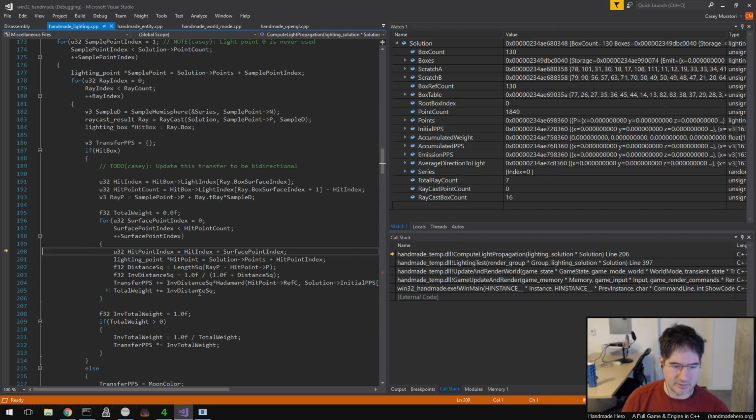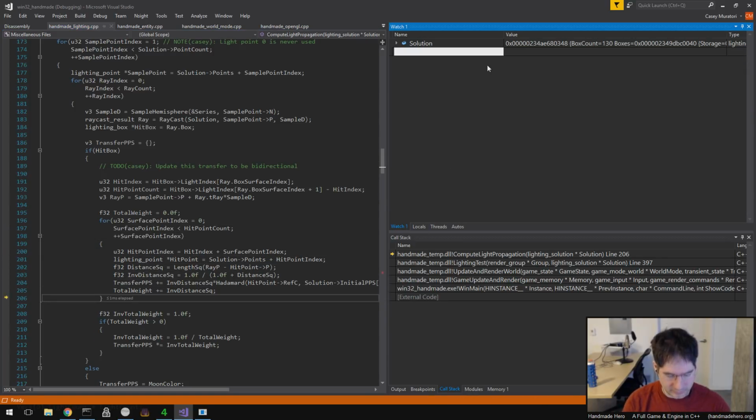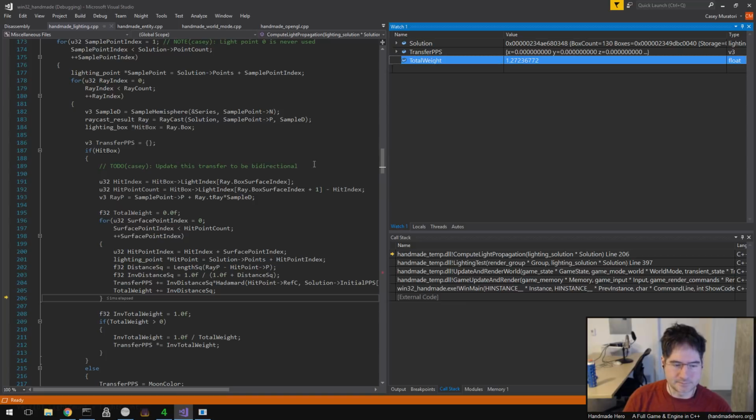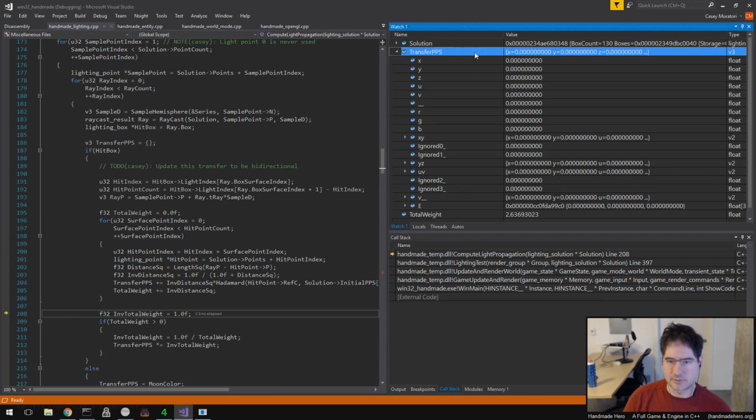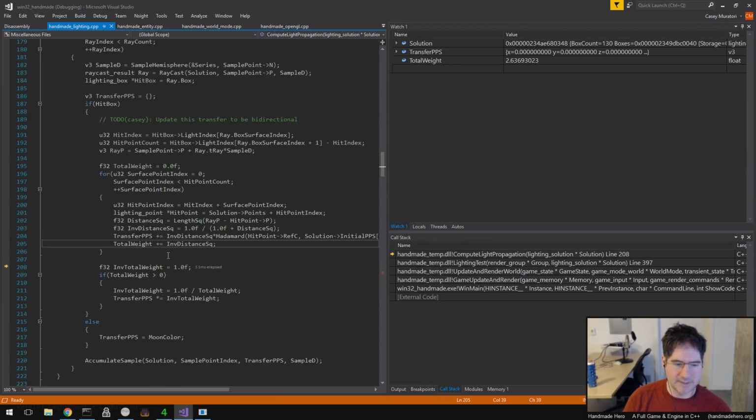I should also be looking at both of these at the same time: transfer PPS, total weight. And probably, since this is our first frame, whatever it hit has no light on it anyway. So I'm guessing transfer, yeah, it is a 0. This is the total weight. It's going to divide out something that was already 0, so we'll just get 0 and no one cares.